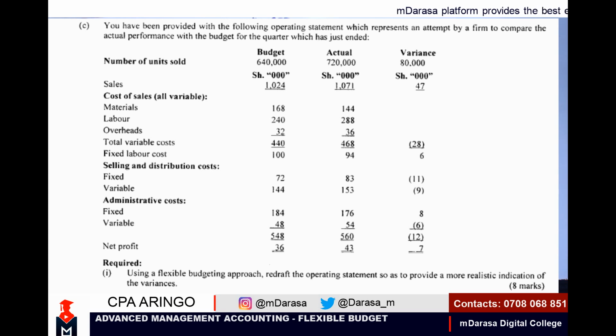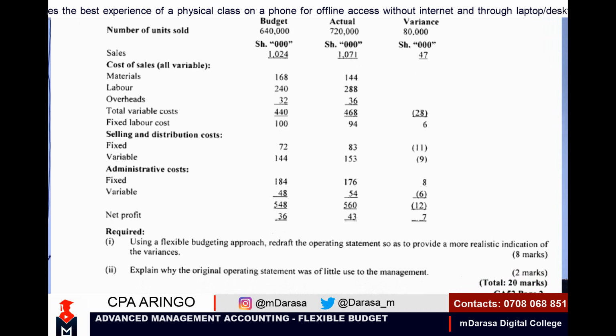Also, selling and distribution costs, we have fixed and variable. Administrative costs, we have fixed and variable. Then the examiner has given us the net profit for budget and for actual. We also have the component of the variance.